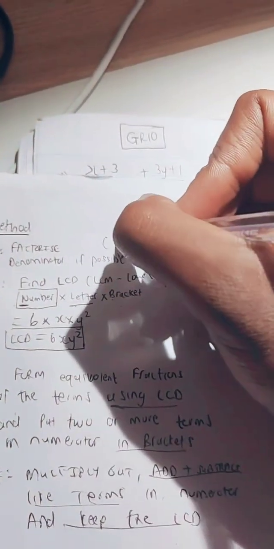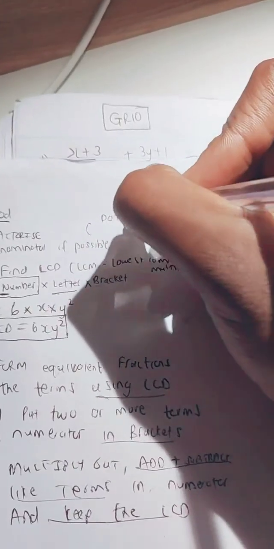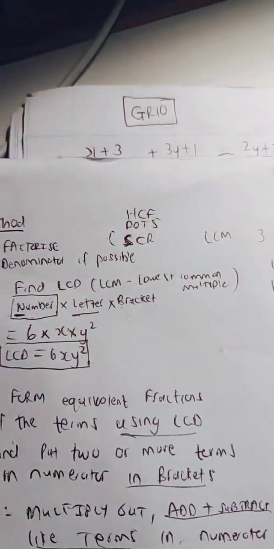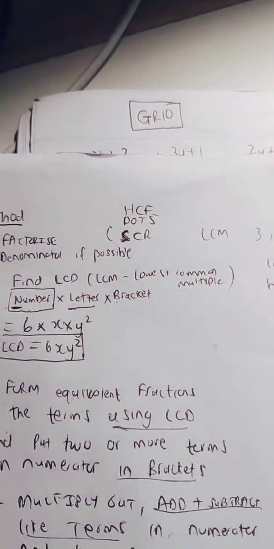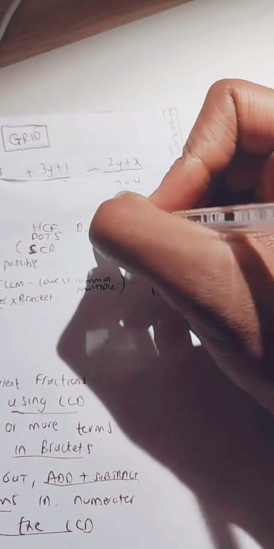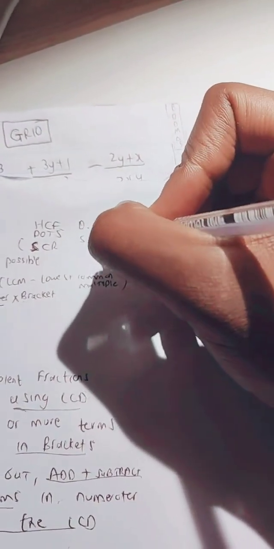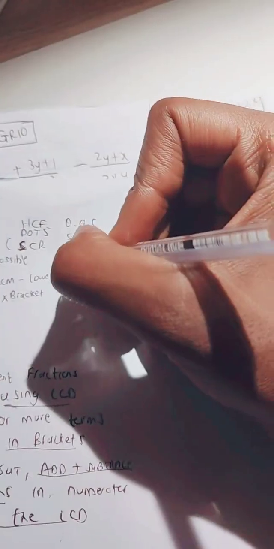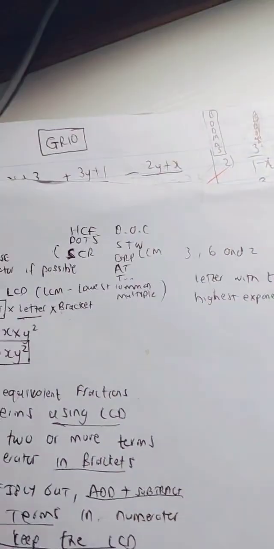In your factorization, please consider difference of two squares, highest common factor, sign change rule, which applies when there's a minus sign between two terms and you want to change the order, difference of cubes, sum of two cubes, grouping, advanced trinomial, and many others.